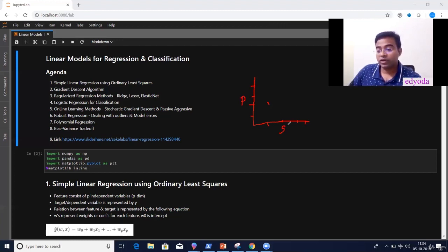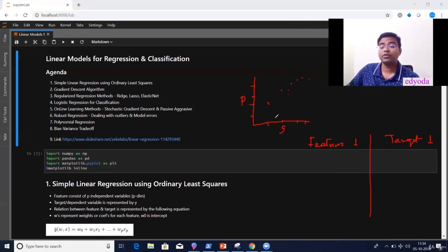So you are plotting this. What it means is that the number of features in this case is 1, and the target is 1. We need to find a relationship between the feature and the target.